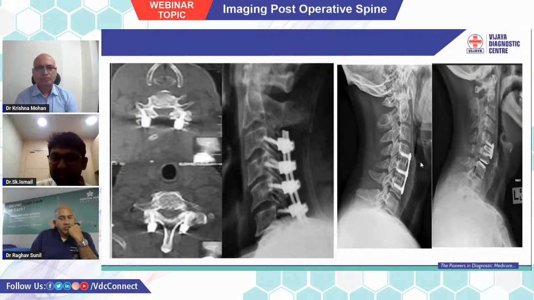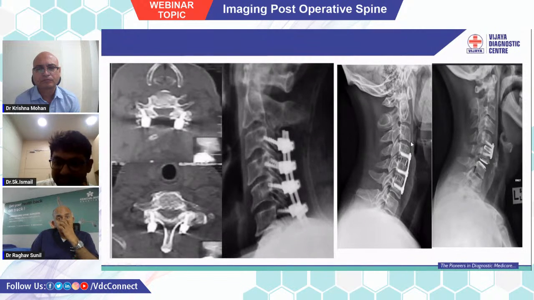In ACDF, the cervical plate should be flush, tightly against the vertebral bodies, and the screw fixation should go from the anterior vertebral body up to the posterior cortex. It should not breach the posterior cortex, and there should be at least 5 mm gap between the superior and inferior margin of the cervical plate and the adjacent vertebral bodies in order to prevent heterotopic ossification.